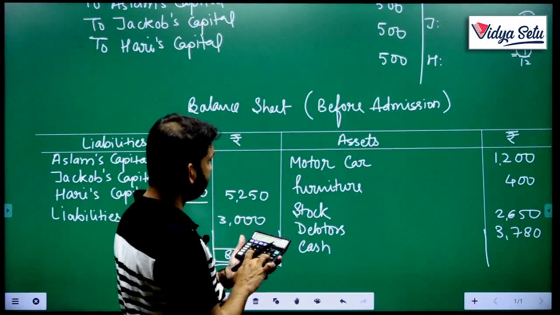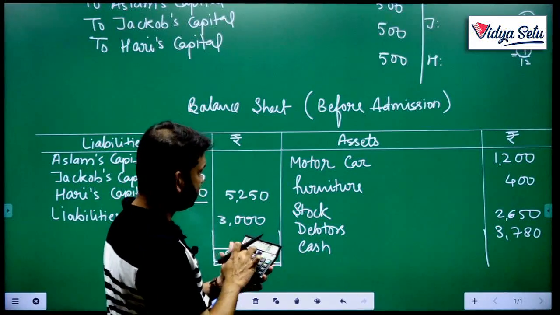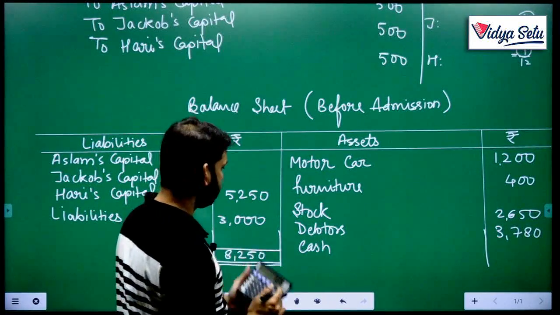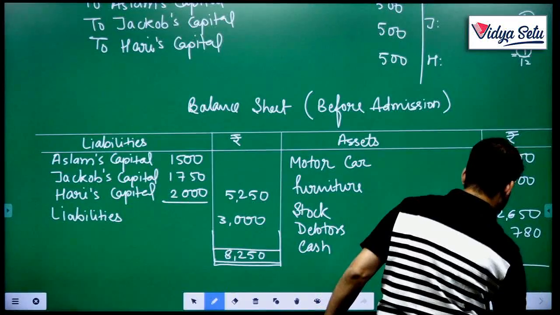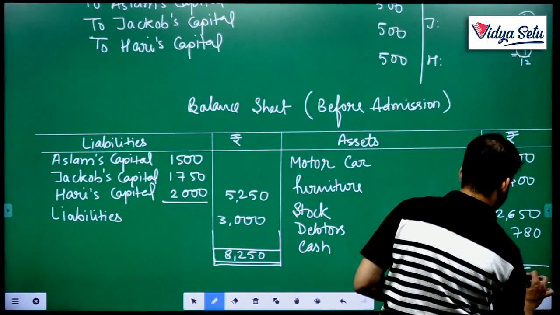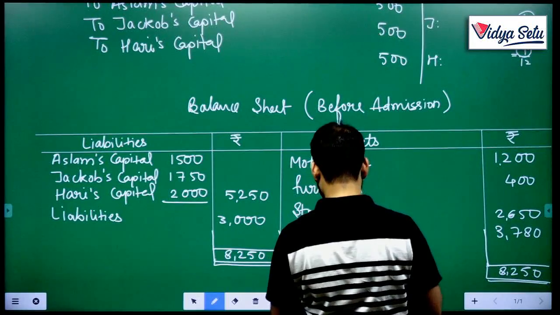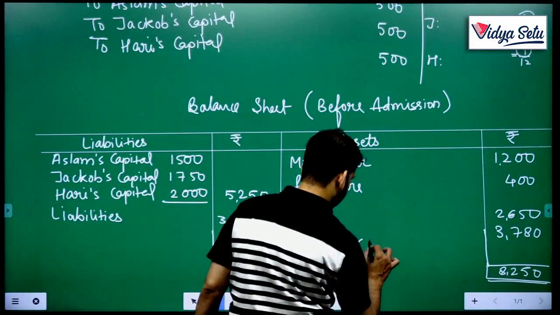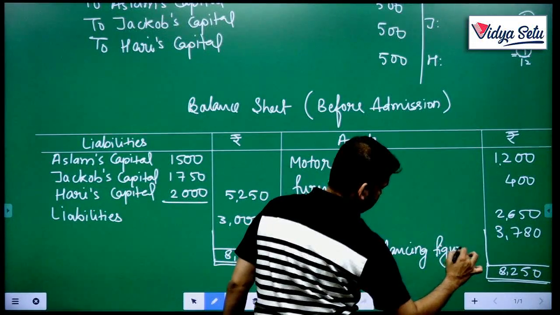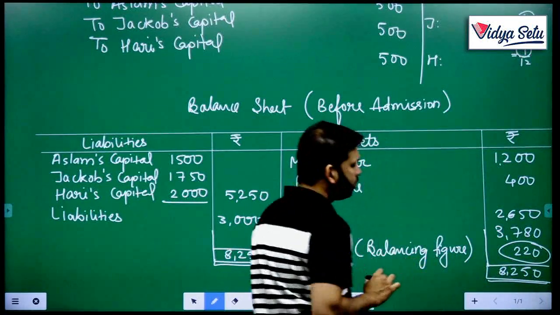So 1,200 plus 400 plus 2650 plus 3780, 8030 is the total. Ideally the total should have been the same, 8250. So the difference is cash, 220. This is our balancing figure.